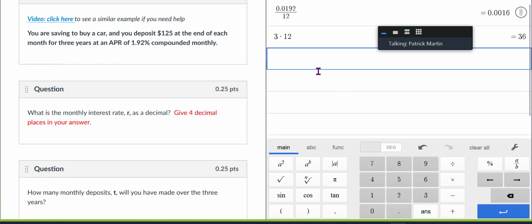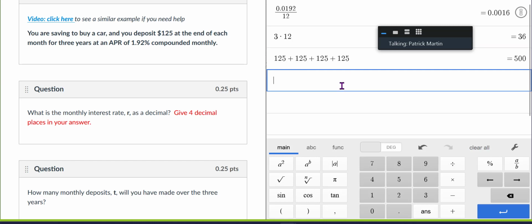Okay, so if there was no interest at all, you would put in 125 after the first month and then 125 after the second month. So after 2 months, you'd have $250 in your piggy bank. And then after 3 months, you'd have $375. And after 4 months, you would have $500 and so on. But there's 36 months. So you go 125 times 36.